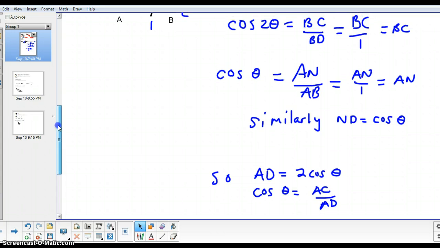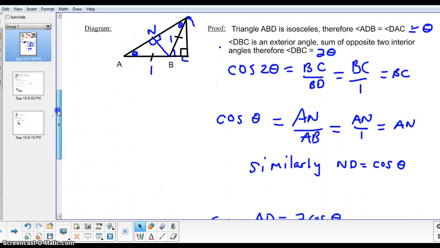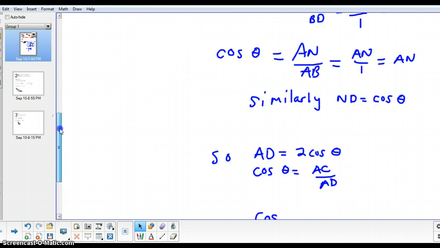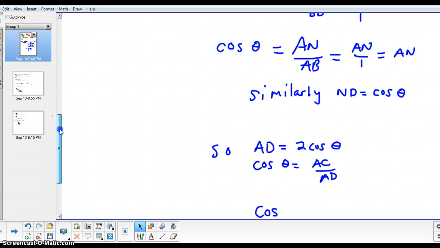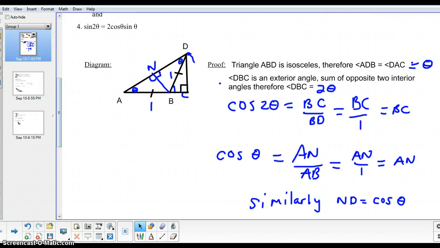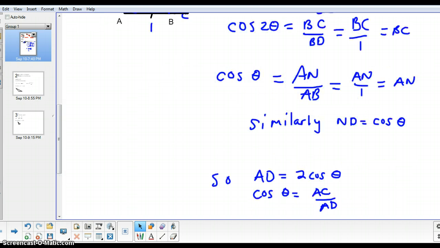So AD would be equal to 2 cosine theta, and cosine theta would be equal to AC over AD.